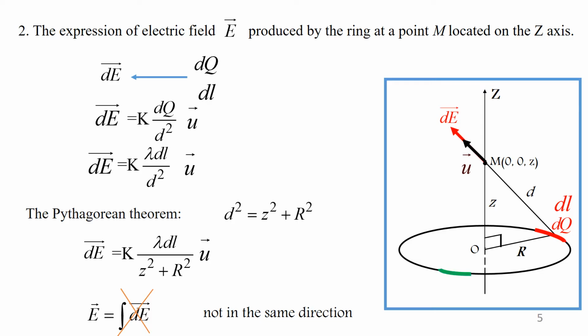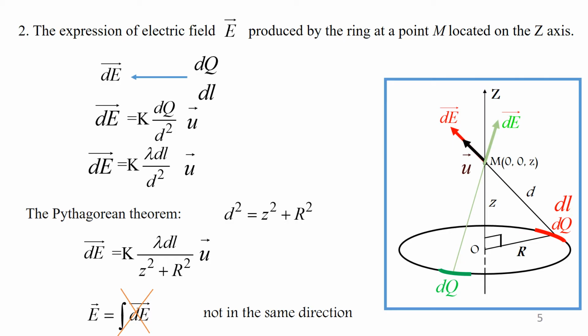Look at the picture. Here I choose dq randomly, okay. So the dE produced by this dq is not in the same direction as the dE produced by the first dq.